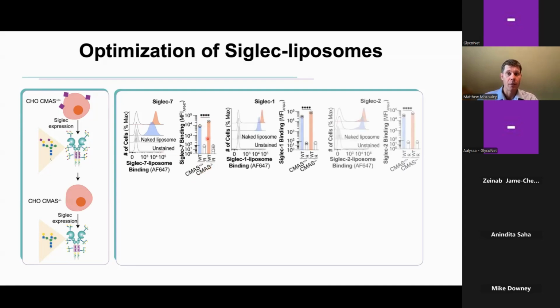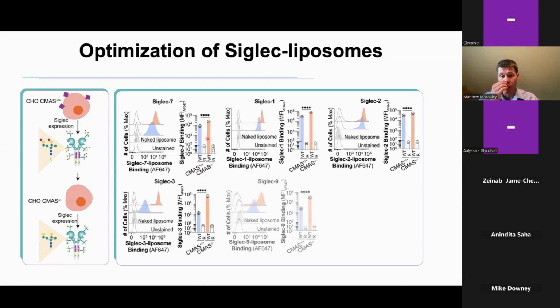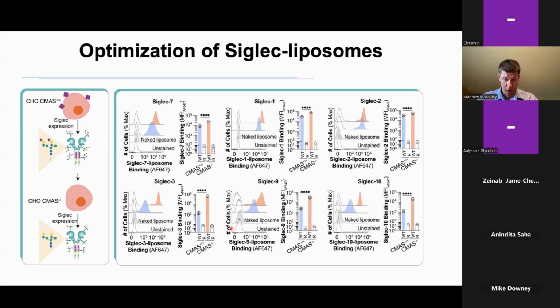However, when we go through all the other Siglecs, we find a similar phenomenon. In fact, for some of the Siglecs, like 3 and 9 here, we have close to an order of magnitude increase in binding, so it's quite significant. And in fact, the CHO CMAS knockout cells offer several advantages, such as some of the Siglecs are expressed 2 to 5 times more in these cells.